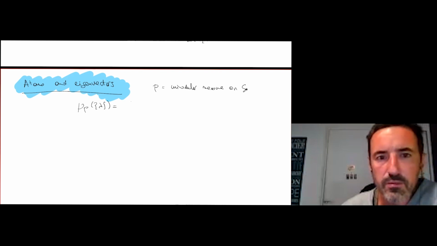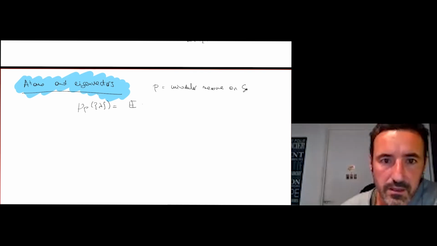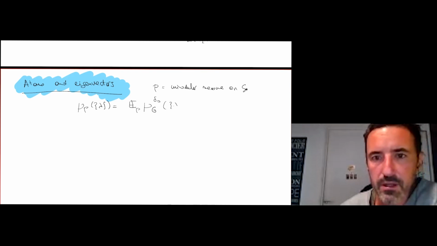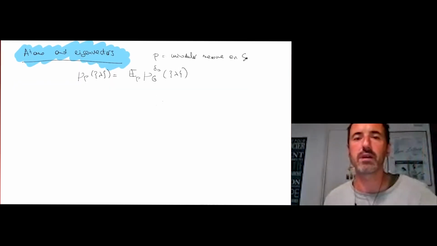So I recall that mu_rho of lambda, by definition, is the expectation under rho of the spectral measure at the root, you look at the mass of that.